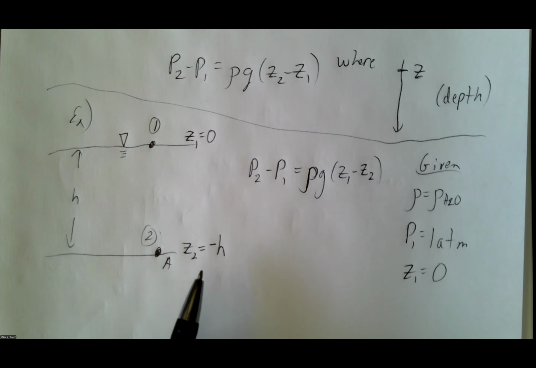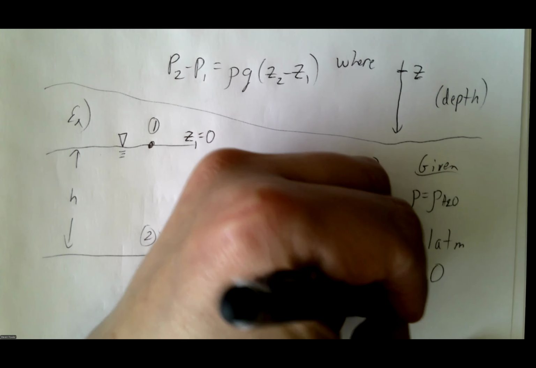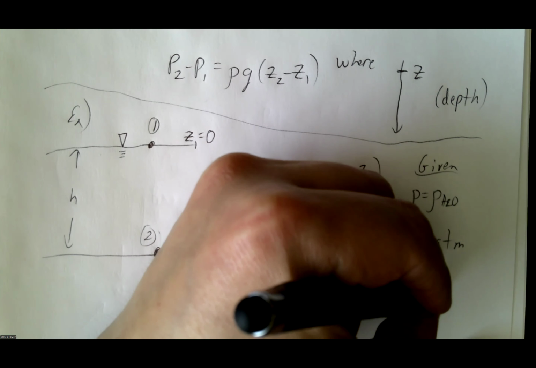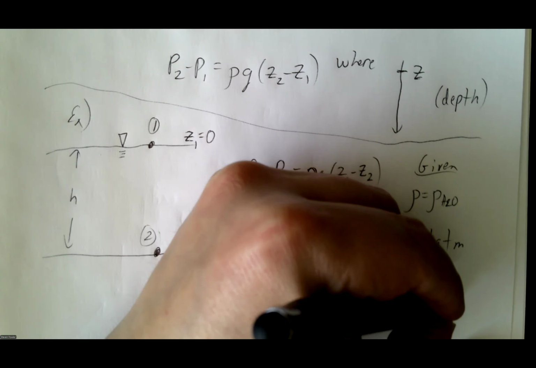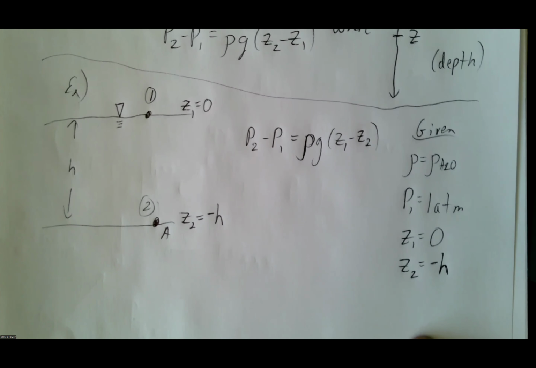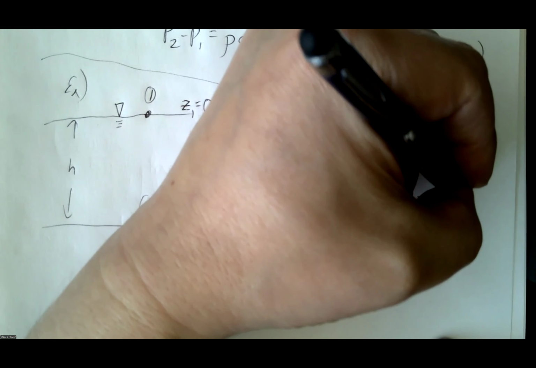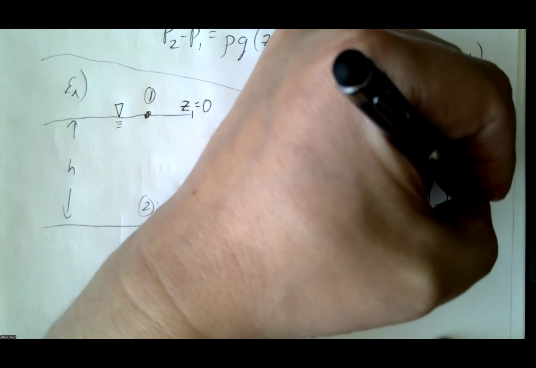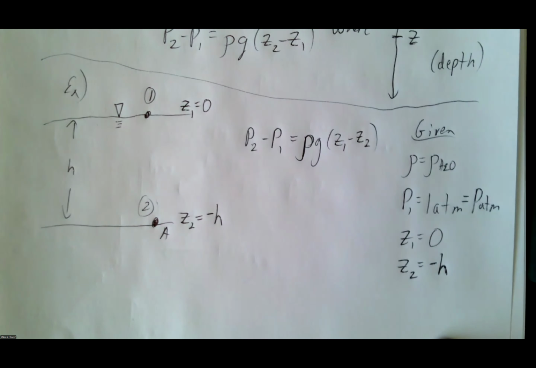Now, there's nothing saying I couldn't say this is 0. I could call this 0, and this would be positive H. And mathematically, I'll get the same thing here. So if I'm saying Z1 is 0, that means I'm saying that Z2 is H distance below that, or minus H. And P1 is 1 atmosphere, or you could just say it's P atmosphere.